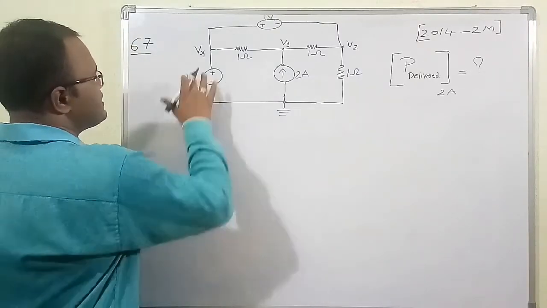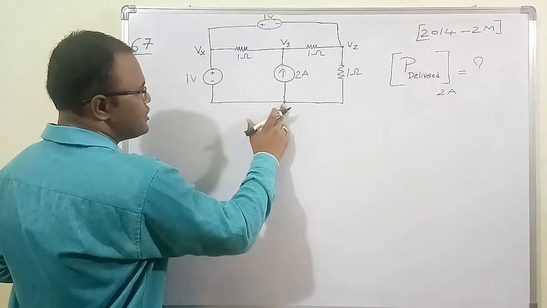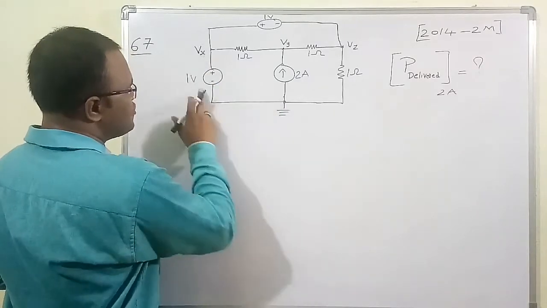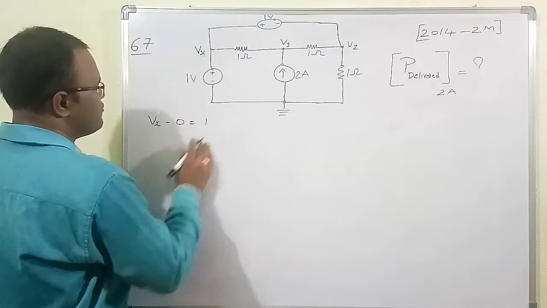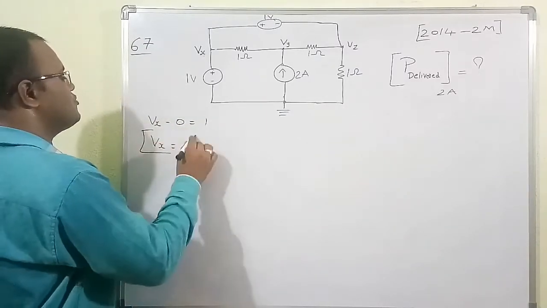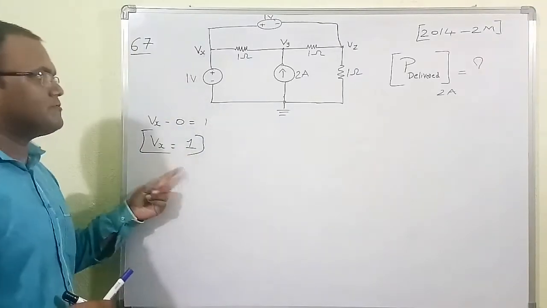If you see carefully, here the node potential is Vx, and here the voltage is 0. So therefore Vx minus 0 is equal to 1 volt. So Vx is equal to 1 volt, which we figured out. So this node voltage is also figured out.